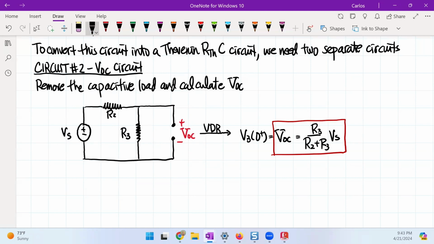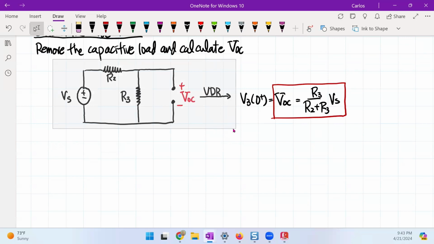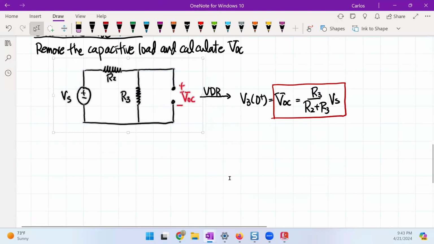Then we're off to the second circuit for the Thevenin parameters, which we're going to call circuit 3.